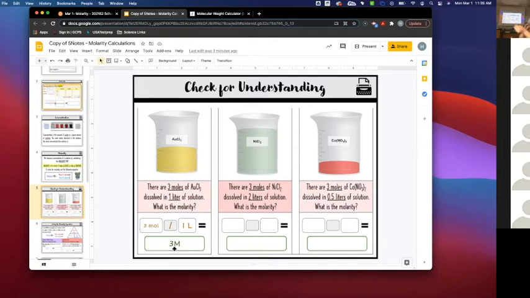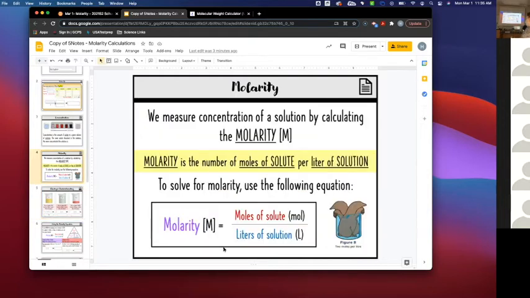Now, if you notice, let me back up one slide. In parentheses or brackets, they gave you the abbreviation for the unit. So you guys know mol is moles. A capital L is liters. And here's the thing with molarity. Molarity is a capital M. It must be a capital M, because a lowercase m means something completely different.